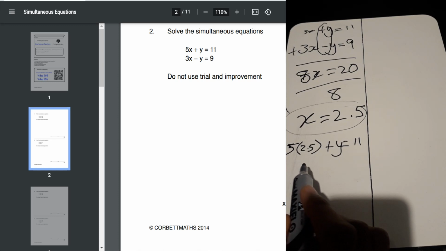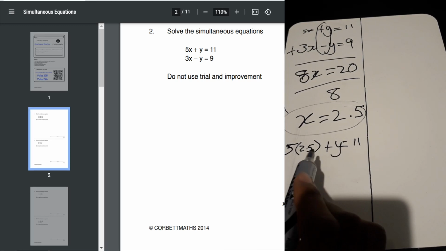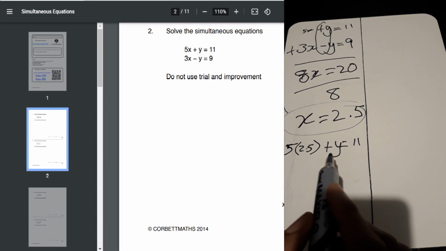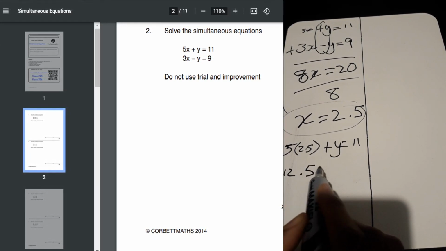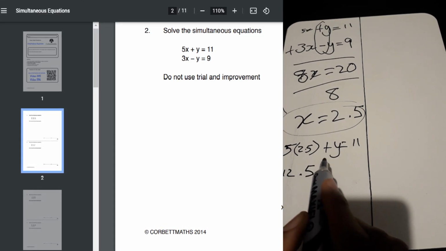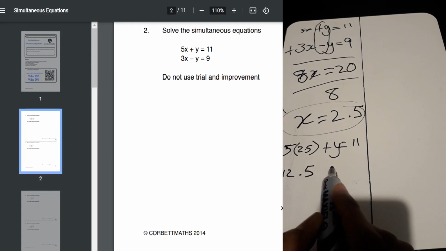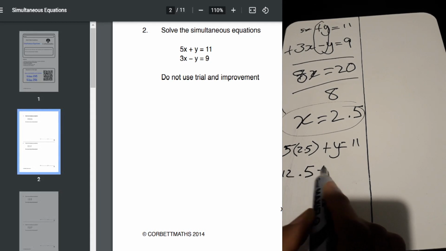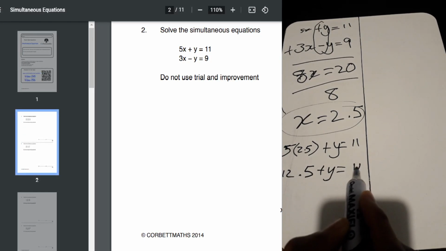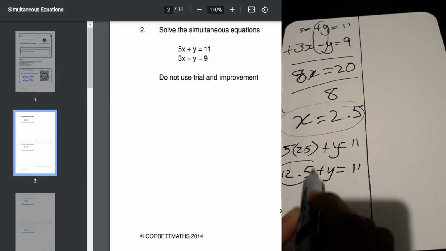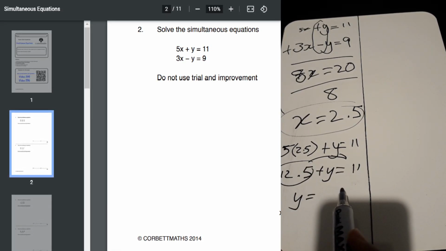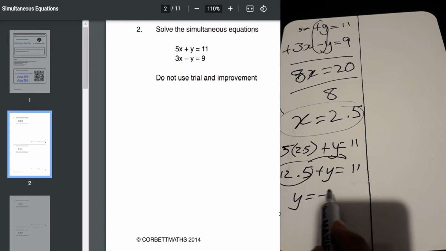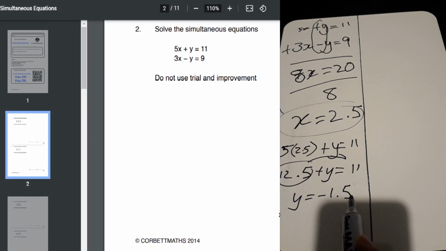And 5 times 2.5 is 12.5. So 12.5 plus y equals 11. So we take this 12.5 to this side. So y is equal to negative 1.5.